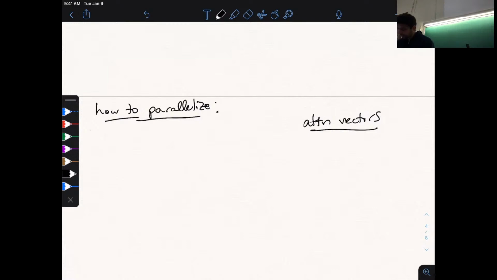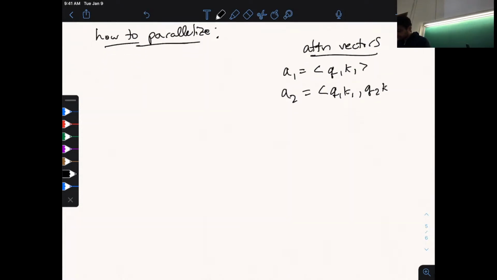I will just call this A1, A2, and A3. A1 is the attention distribution at position 1 of the sequence. So the dot product we want to compute here is Q1, K1. For A2, we have Q2, K1 and Q2, K2.